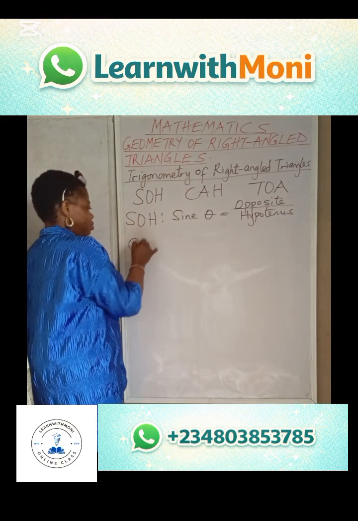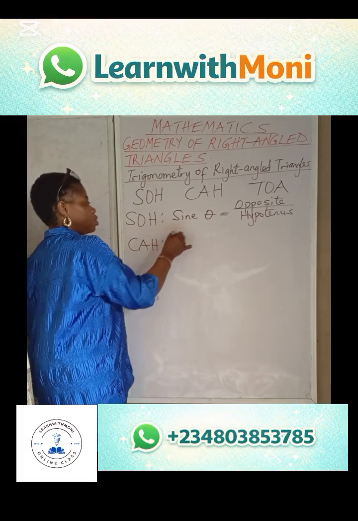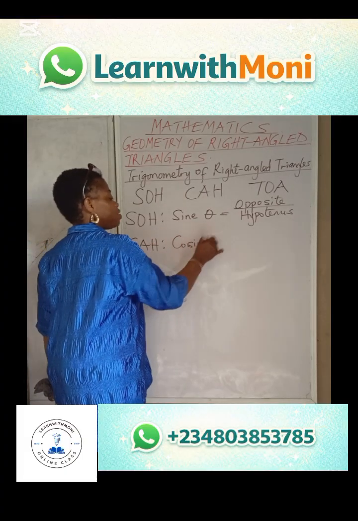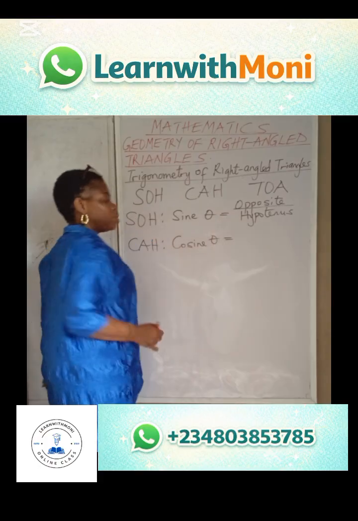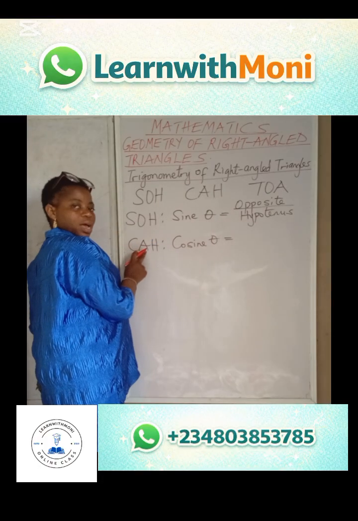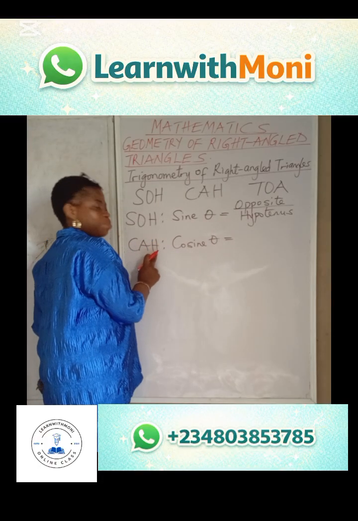CAH means cosine of theta or any other angle is equals to adjacent over hypotenuse.